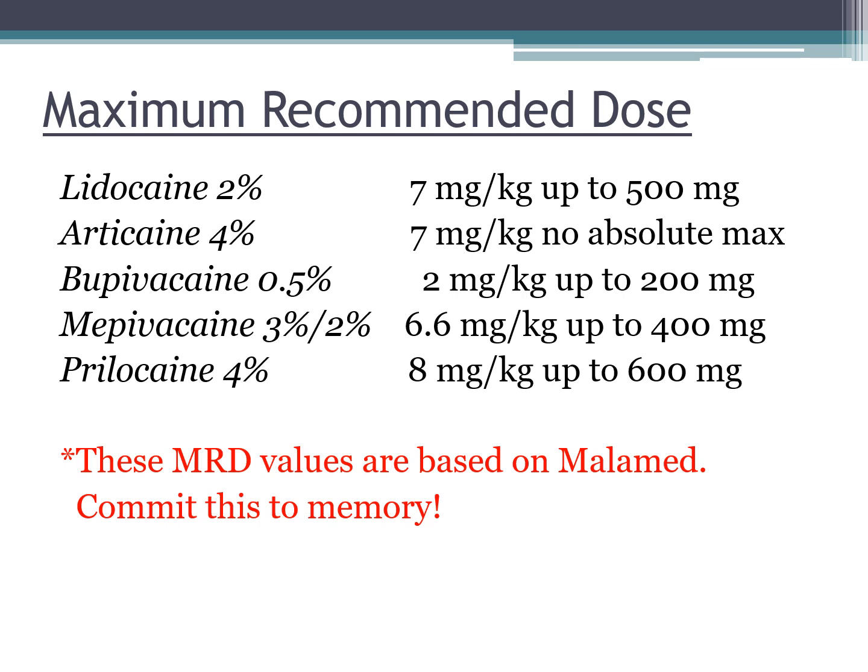Bupivacaine 0.5%, 2 milligrams per kilo up to 200 milligrams. Mepivacaine 2%, 6.6 milligrams per kg up to 400 milligrams, and prilocaine 4%, 8 milligrams per kg up to 600 milligrams.